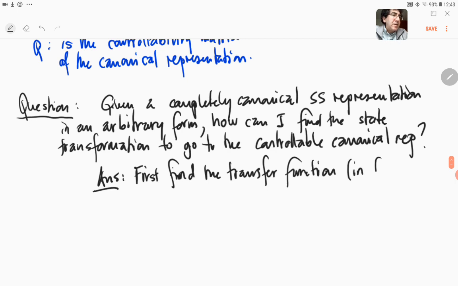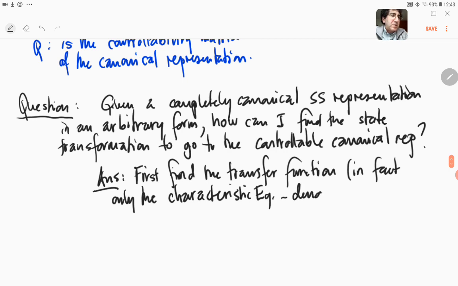In fact, only the denominator is required, because that's how we can find the A and B matrices. In fact, only the characteristic equation, or the denominator, is required.